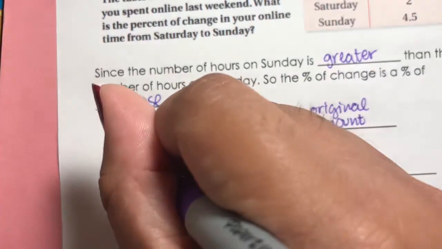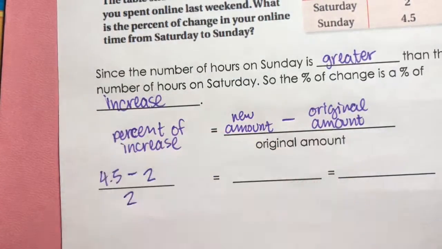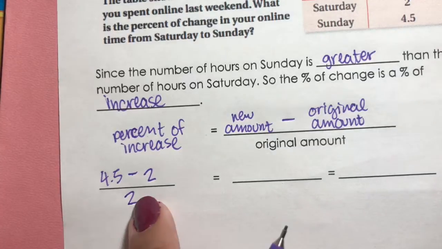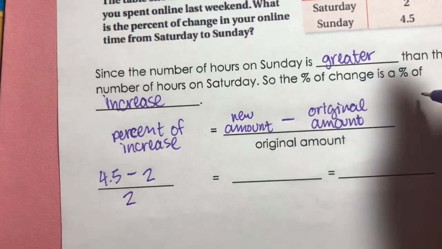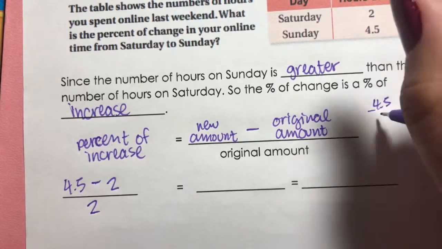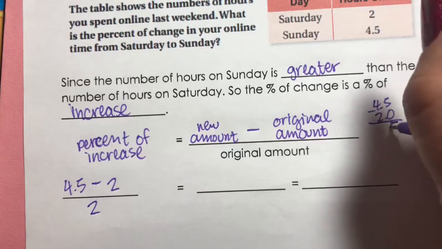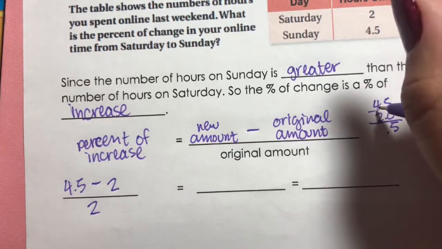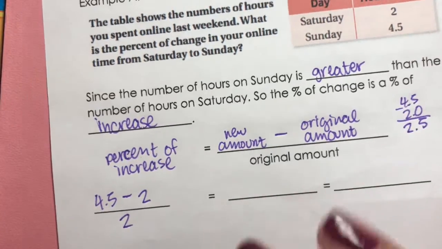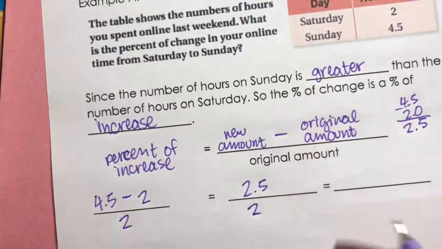So 4.5 minus 2, all divided by the original amount, which is, again, 2. Okay, so 4.5 minus 2, you can do a quick one right here. Bring down 5 minus 0 is 5. Bring the decimal down. 4 minus 2 is 2. So you have 2.5 divided by 2.